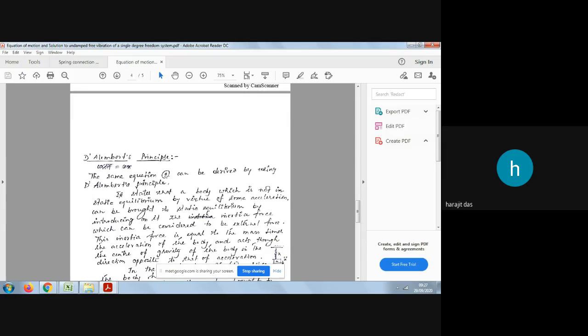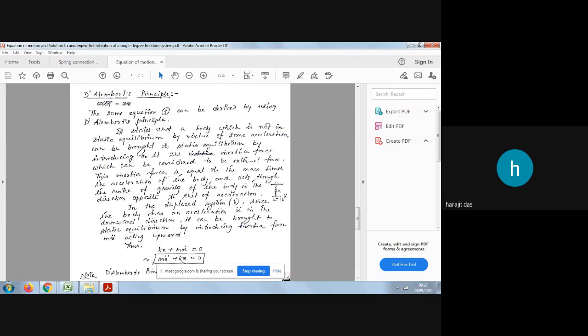So what is D'Alembert's principle? Suppose a system is not in static equilibrium, suppose it is in a dynamic state. Dynamic state means there will be some motion on the system. So when there is motion on the system, there will be an acceleration, isn't it?